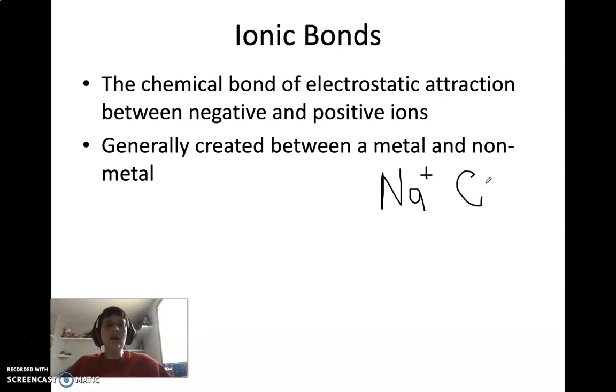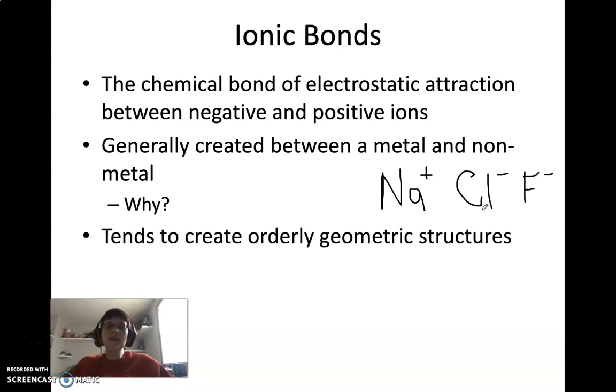And something like chlorine or fluorine are going to become negative ions because they tend to gain electrons. So we generally are going to get an ionic bond between a metal and a non-metal. So pretty much all the ions we see are going to be between these two kinds of sets.